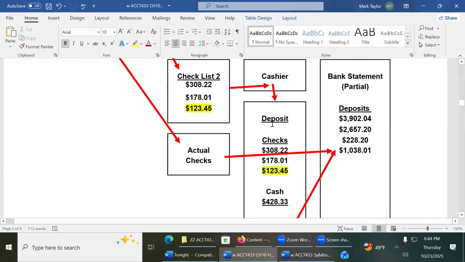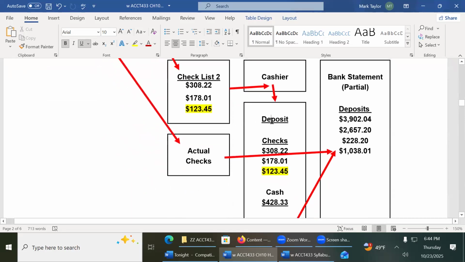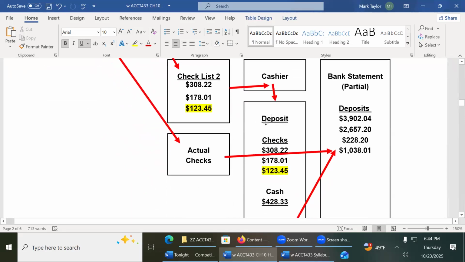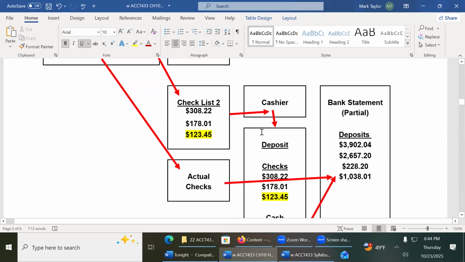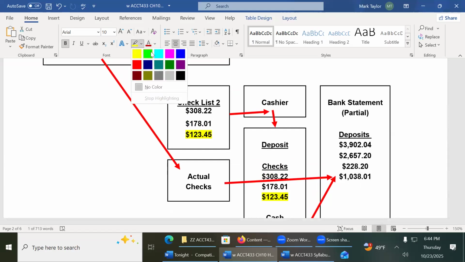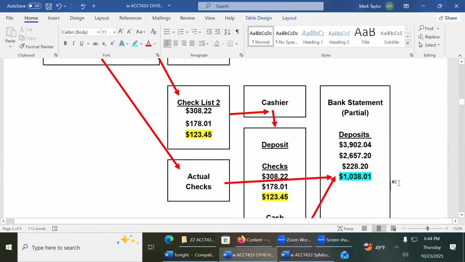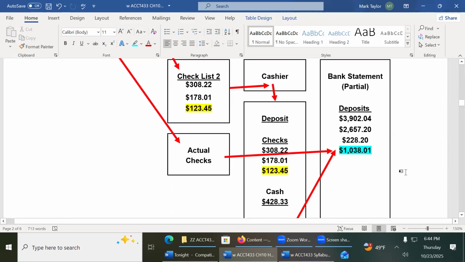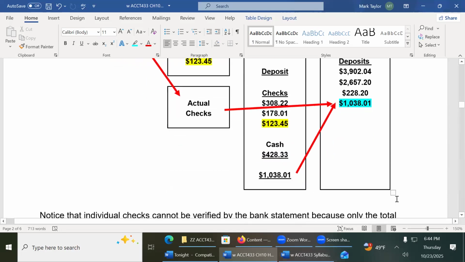And so you're wondering, gee, someone asked, it never got to Joe customer's account. Where can you verify that check that it was put in? Can you look at the bank statement? No. Looking at the bank statement, you're just gonna get a total deposit. They're not gonna break it out.